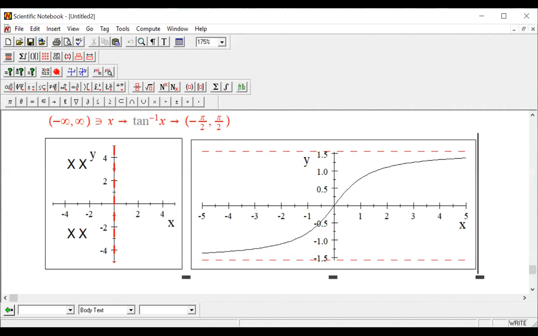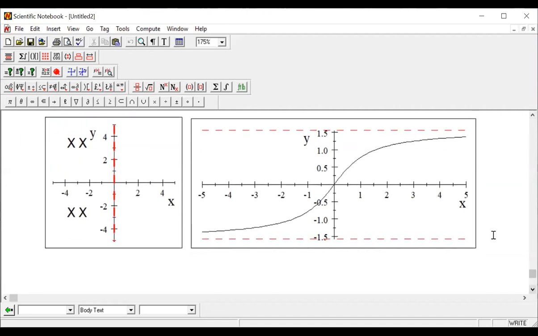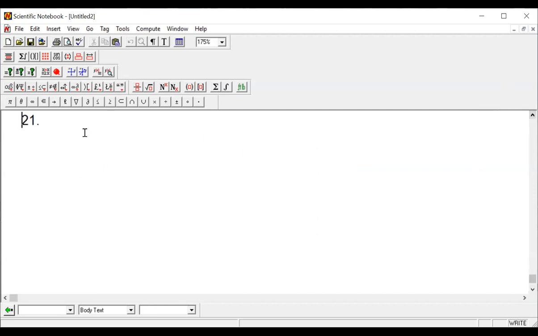So that's number 20. Now 21. Number 21 is also a terrible mistake. I'm almost going to scream at this mistake.